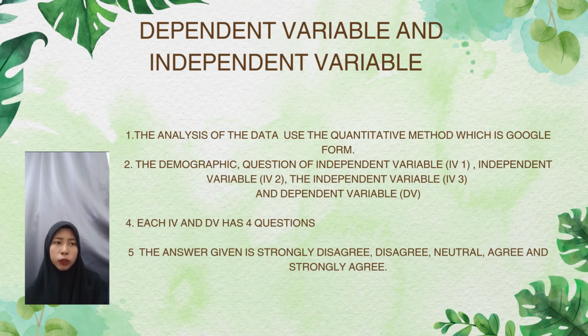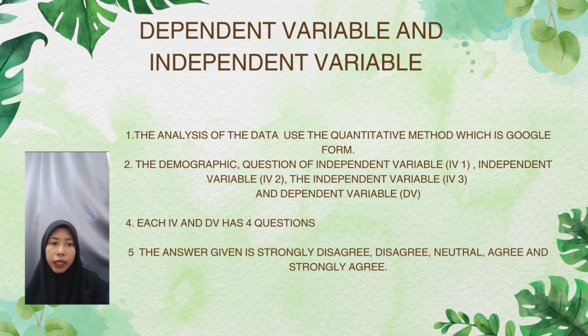The questions that we made in Google Forms are divided into 5 sections. First is demographic of respondents. The second is independent variable 1, which is about perceived enjoyment, and third is independent variable 2 about compatibility, and then independent variable 3, which is data privacy, and lastly the dependent variable, which is about behavioral intention to use tools among students.